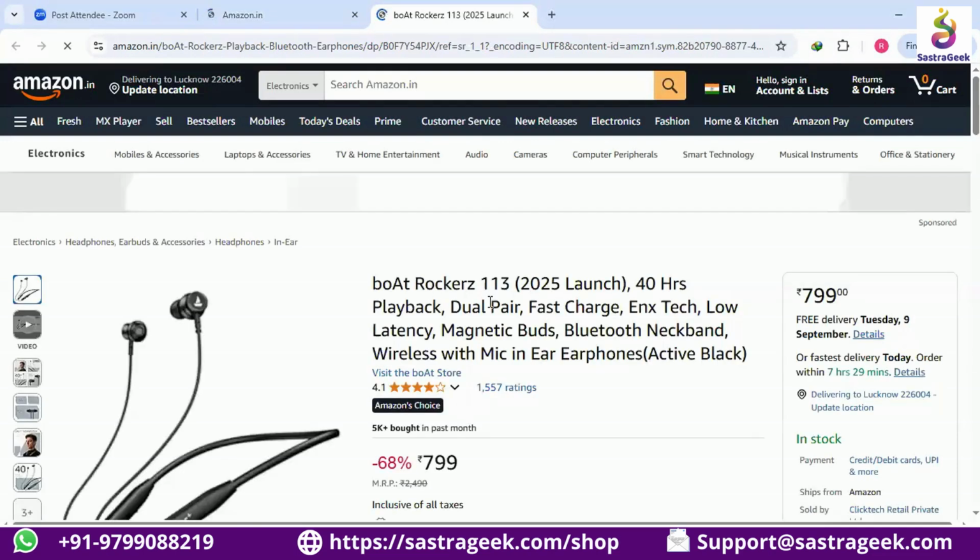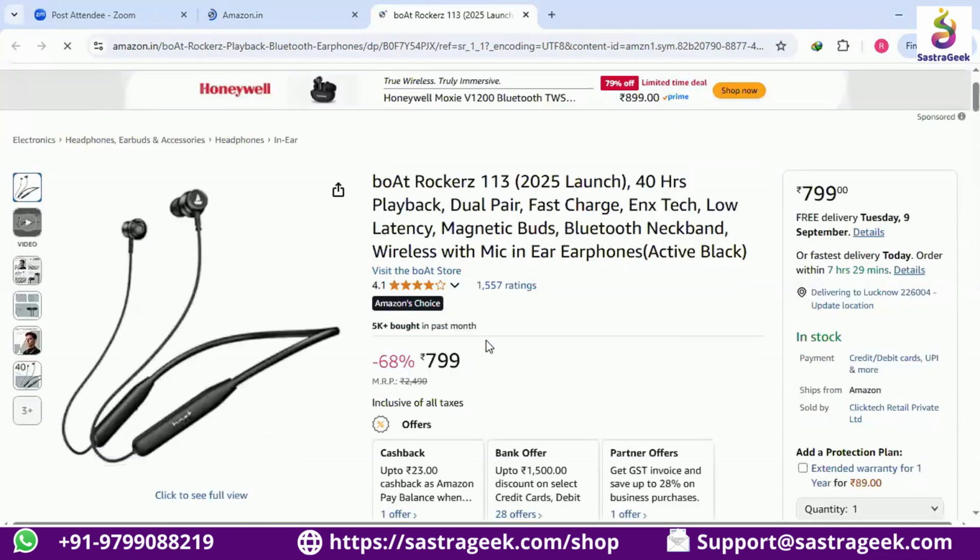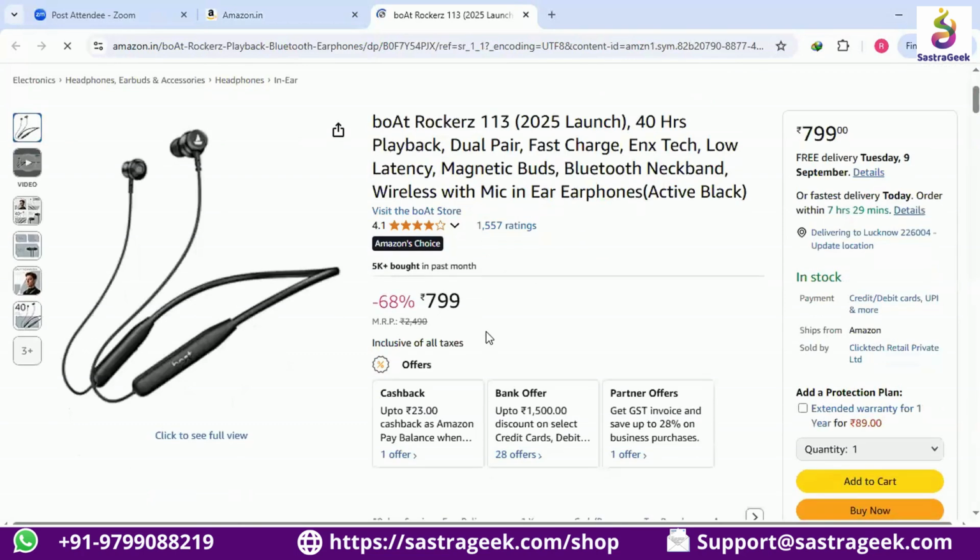This is just for your real-life, real-time exposure and understanding, so that you get to understand the real instance of what a shipper is and what a consignee is.